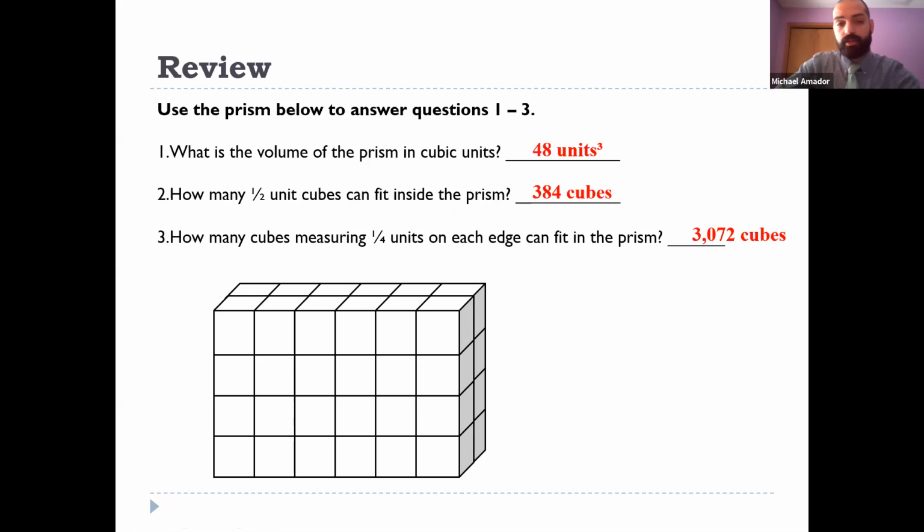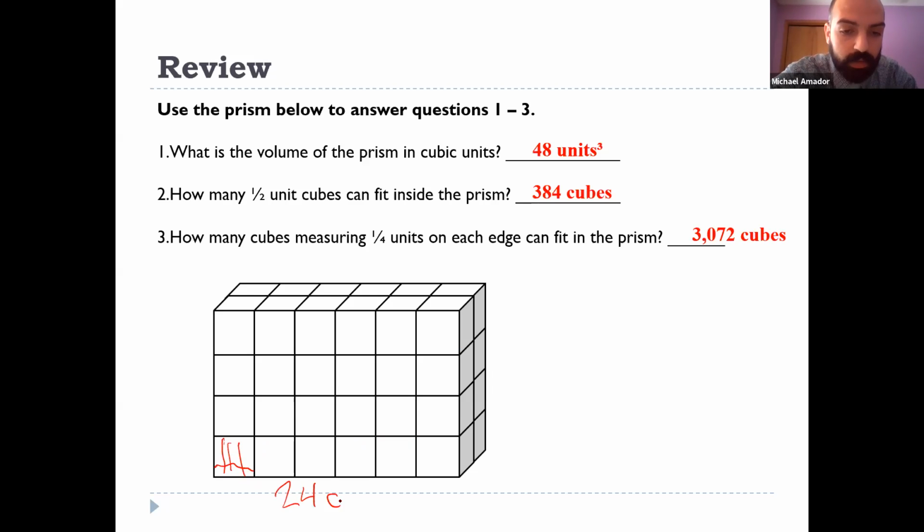Just a note on how that works. For number 3, you have to realize that every single dimension can fit 4 cubes inside it. So you have to multiply every dimension by 4. So instead of this dimension of length being 6, this new dimension is actually 24.